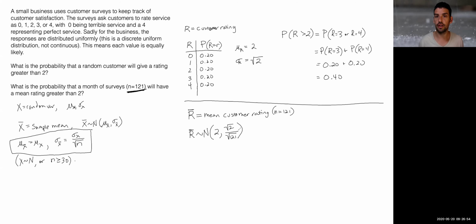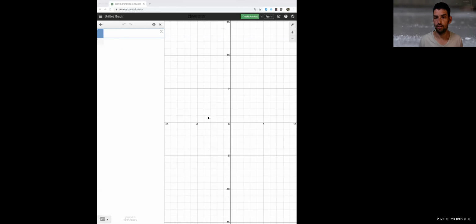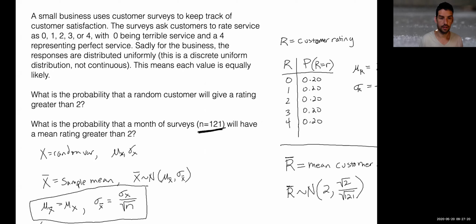So let me get a calculator. Here we go. So I've got the square root of 2 divided by the square root of 121, and I'll round it to 3 decimal places, so 0.129. We'll put that in.